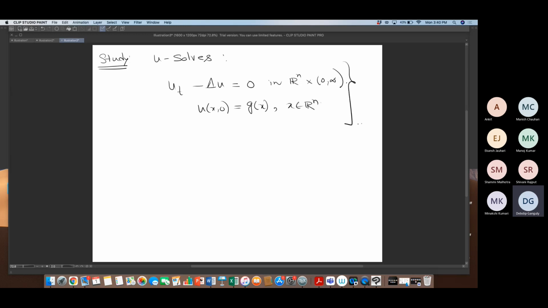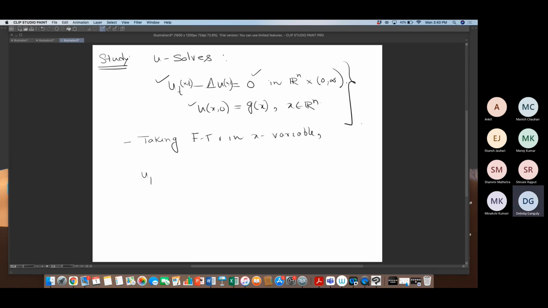We want to study this equation. Do you remember how we studied it? We took the Fourier transform of the left hand side and right hand side, with respect to the x variable, because this is a function of x and t.